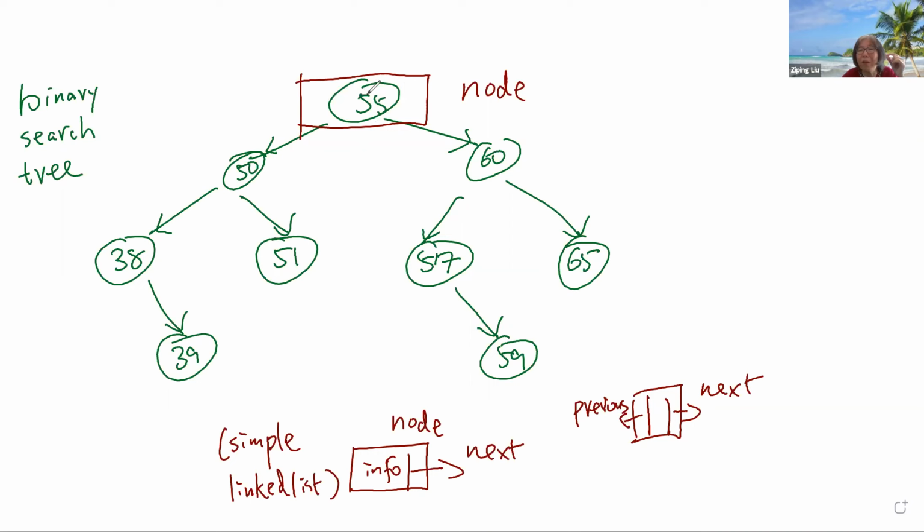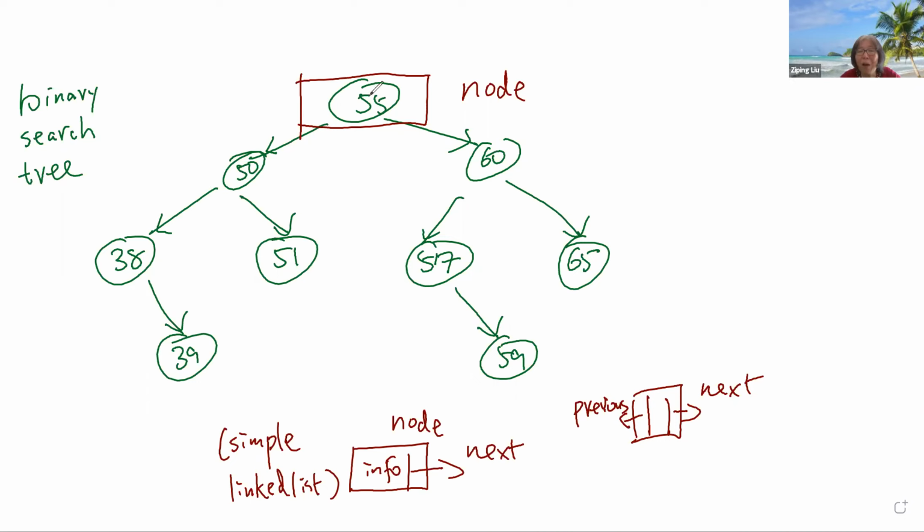It definitely has an information part. But you can find each node can connect with two other nodes. Hold on. One more student coming. And over here, each node can connect with two other nodes.